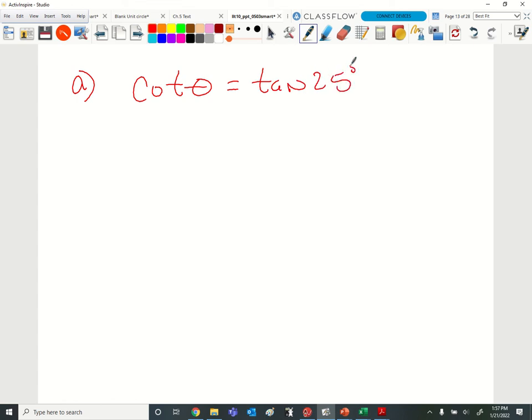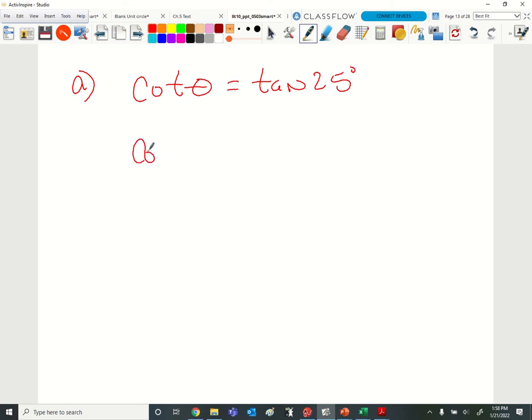All right, on this problem right here. Both those angles together have to add up to what? 90. So to figure out whatever the cotangent is over here, I would subtract, right? So it's going to look like this.